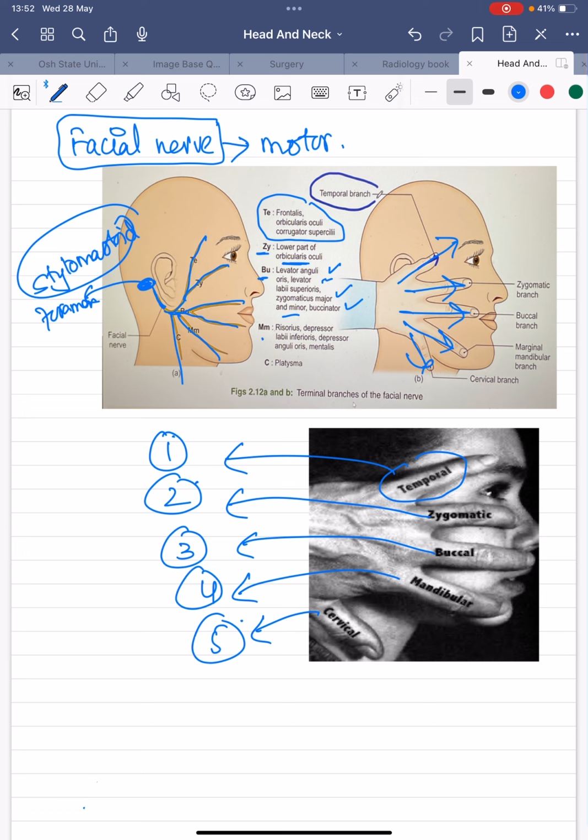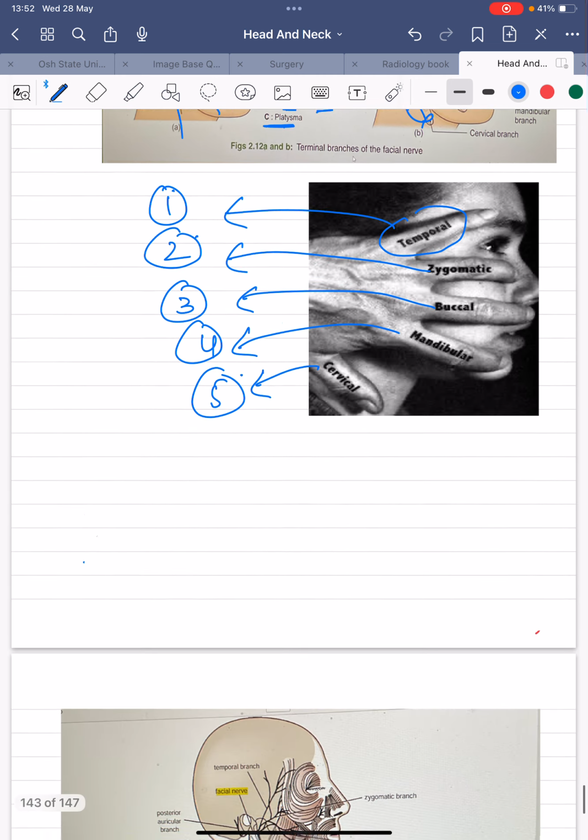The mandibular branch innervates mentalis, depressor anguli oris, and depressor labii inferioris. The cervical branch innervates the platysma muscle. So the facial nerve has 5 motor branches, which you must remember, innervating all the facial muscles.